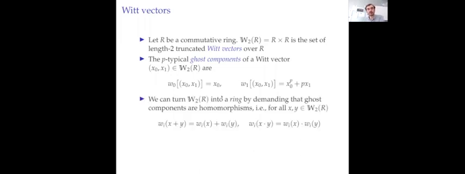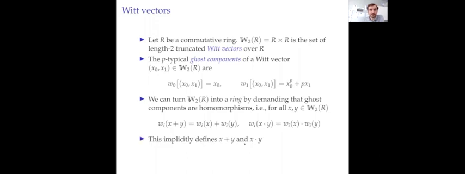And now what we're going to do is turn these Witt vectors into a ring. We can define addition and multiplication by demanding that these ghost components are homomorphisms. Namely, if we add 2 Witt vectors, where x and y are pairs of elements in the ring, and then compute this ghost component, any of these 2, then it has to be compatible with addition, and it has to also be compatible with multiplication.